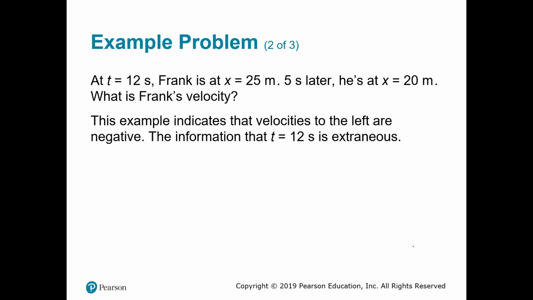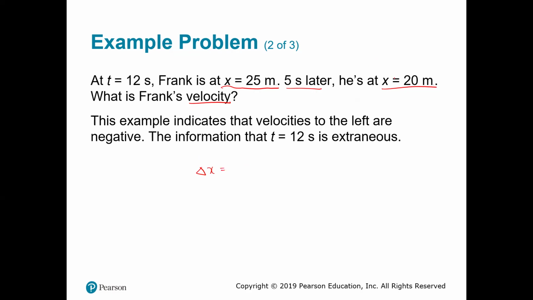Another example: at t equals 2, Frank is at x equals 25 meters. 5 seconds later, he's at 20. What is his velocity, right? Pause and complete your answers. Okay, so the answer, again, you're looking for the velocity, so you have to find the displacement.